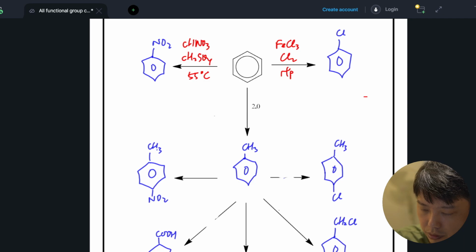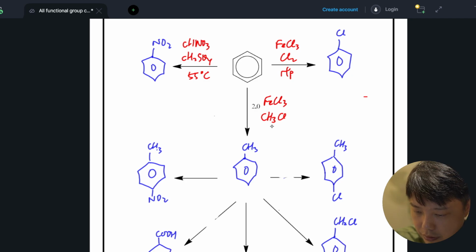Okay, so for this reaction, I'm going to use the Lewis acid still, but we need a different reagent, CH3Cl, so that the methyl group can be the electrophile. Again, it's still at RTP.